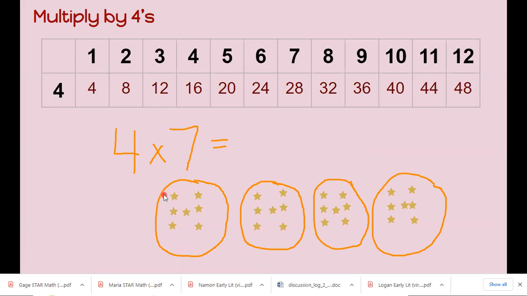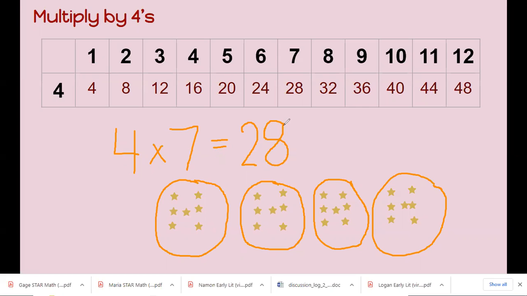Count your stars. 1, 2, 3, 4, 5, 6, 7, 8, 9, 10, 11, 12, 13, 14, 15, 16, 17, 18, 19, 20, 21, 22, 23, 24, 25, 26, 27, 28. 4 groups of 7 is 28. Write your answer.